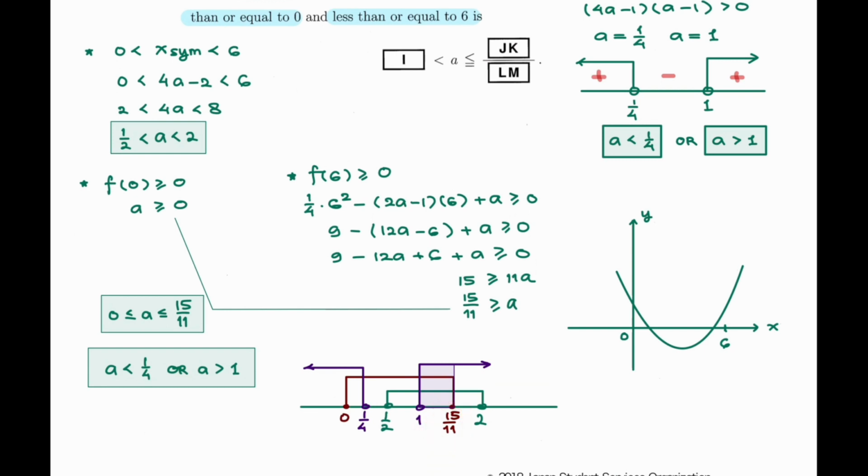So my final answer for question number 3 is 1 less than a less than or equal to 15 over 11. So I is 1, J and K is 15, and then L and M is 11.